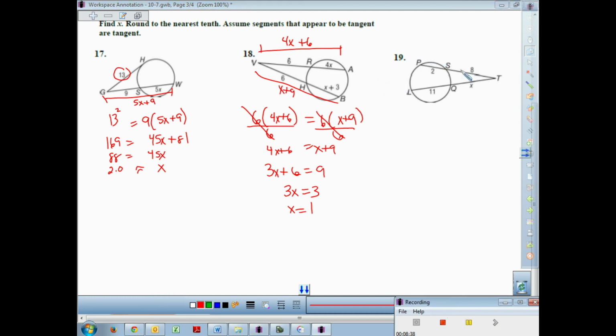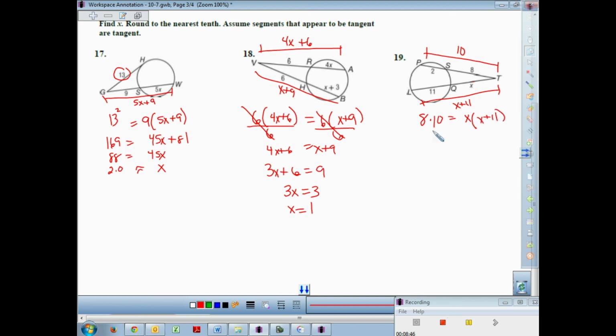And finally, our last one right here. And let's figure out this whole dude, which is a 10. I need 8, the outside guy, times the whole dude equals the x plus 11 is this whole dude. The outside guy, which is x, times x plus 11.